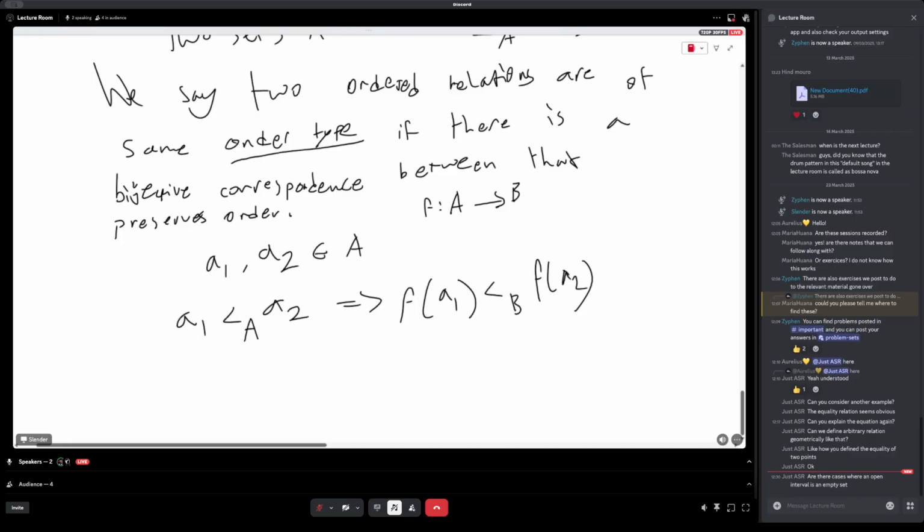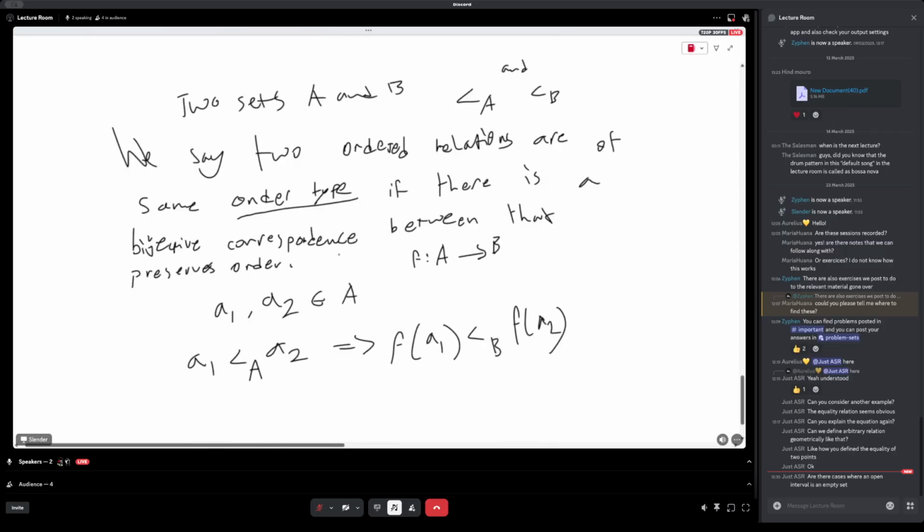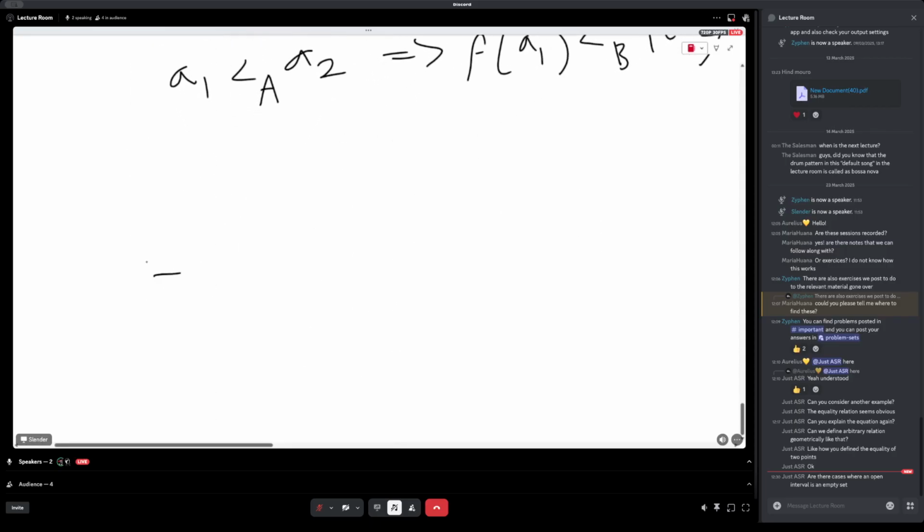So let's look at an example. Let's consider the open interval (-1, 1). Let's consider a function from this open interval to the real numbers.